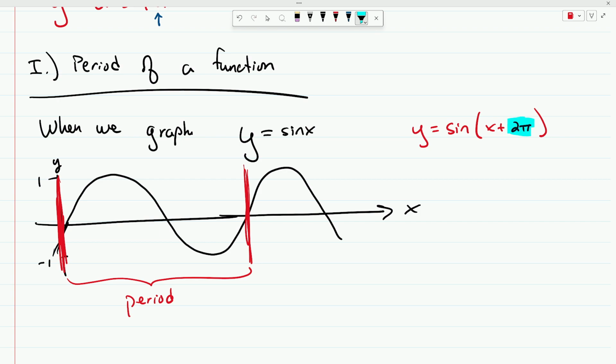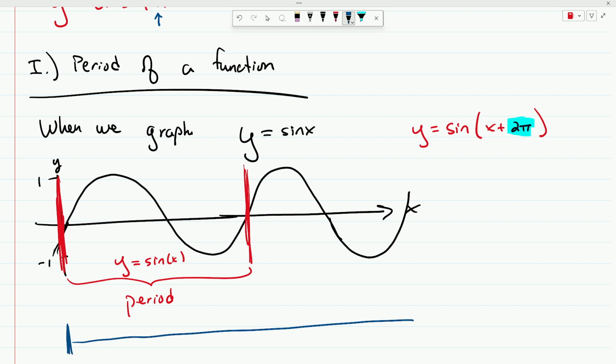So strictly speaking, the first period, this would be y equals sine x. Then in blue, from here all the way over to here, this is y equals sine of x plus 2 pi, because we added on another repeating of the period.